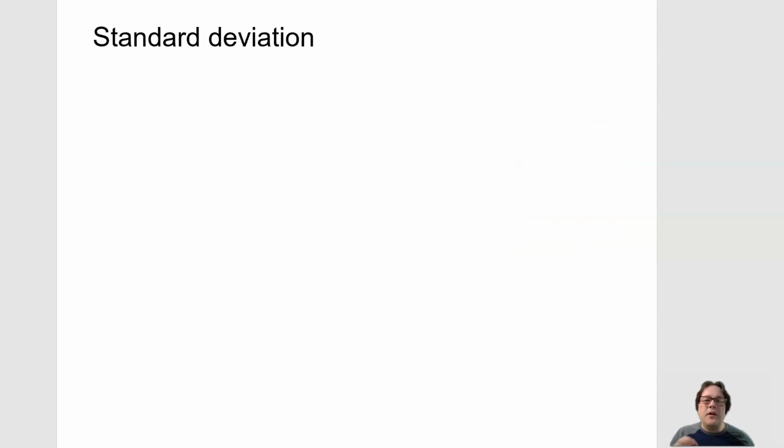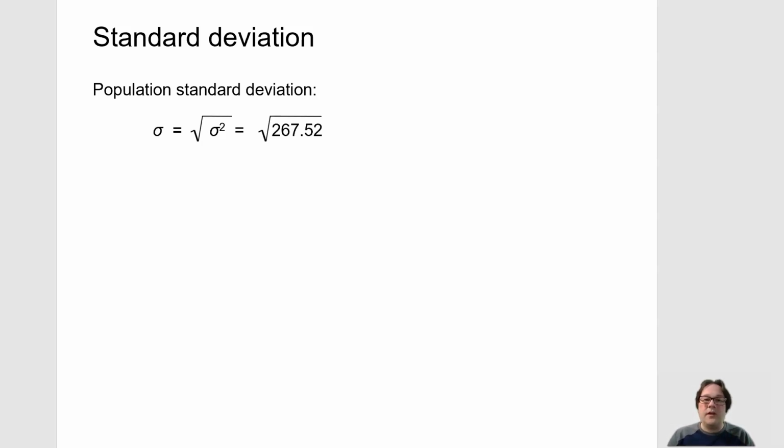So standard deviation, for a population, is just the square root of population variance. In our example before, we had a population variance of 267.52. This would give us a standard deviation of 16.36.